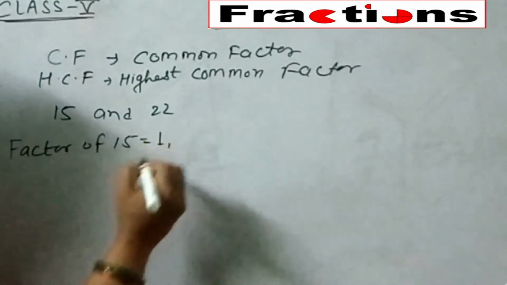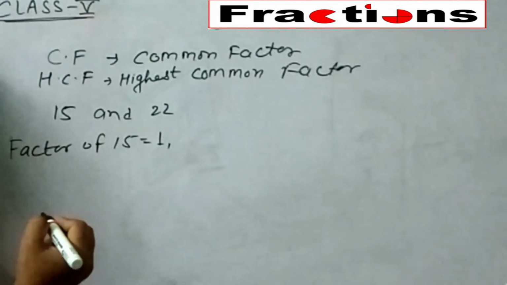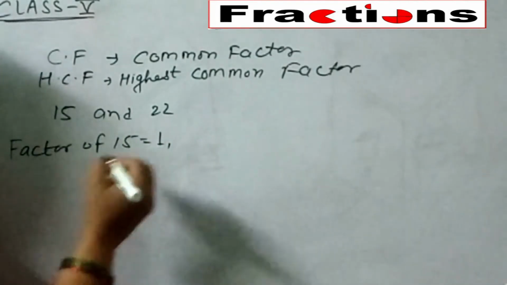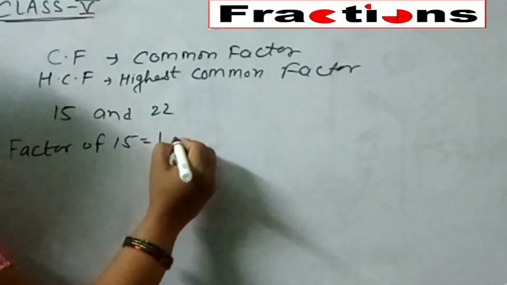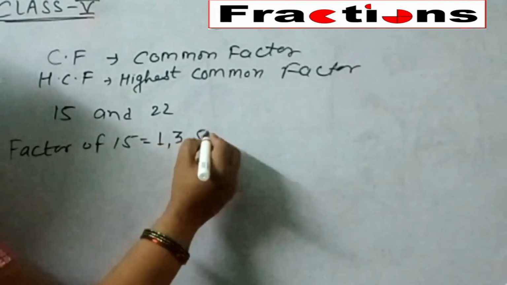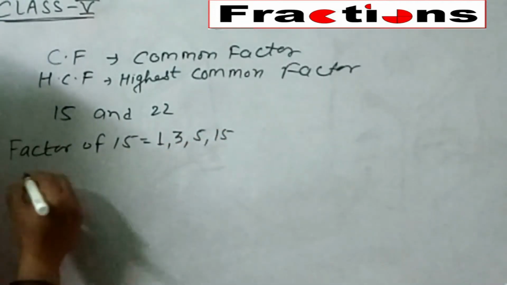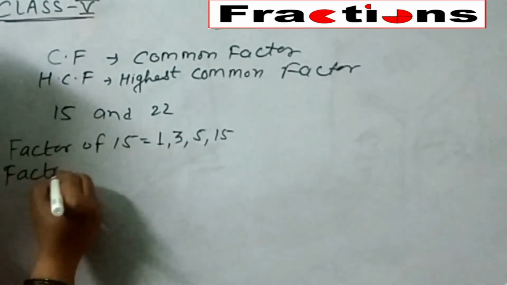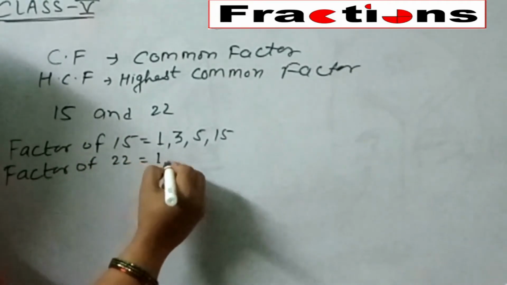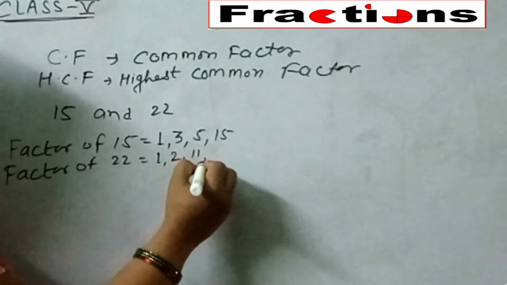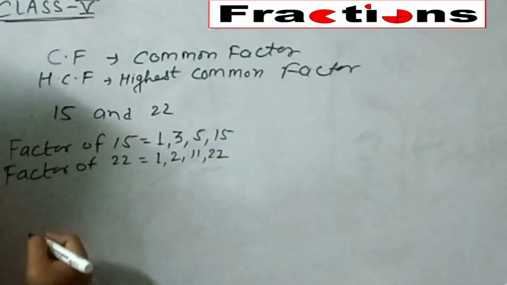How to find? You have to read the table and see in which table 15 comes. So 1 is a common number, and afterwards 3, 5, 15. And the factors of 22 are 1, 2, 11 and 22.